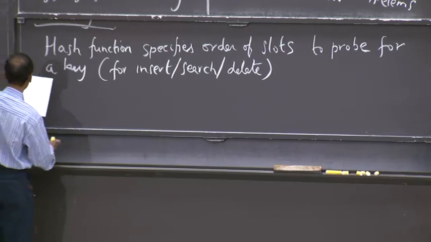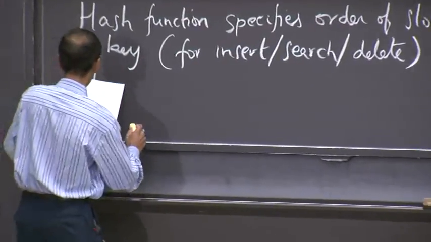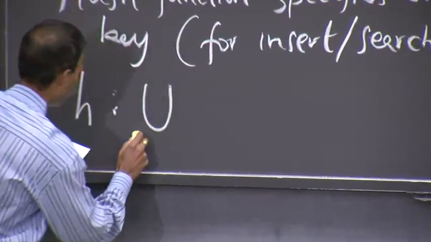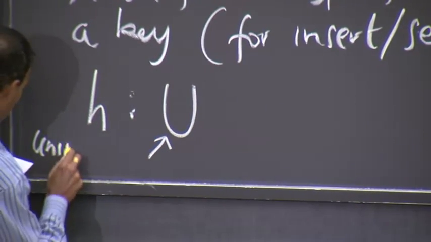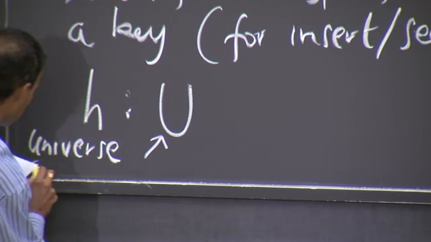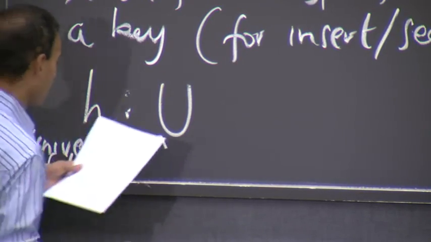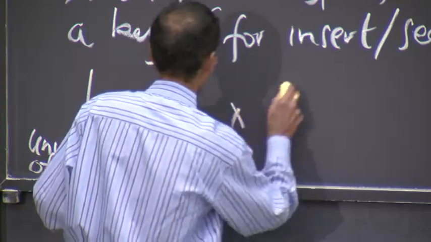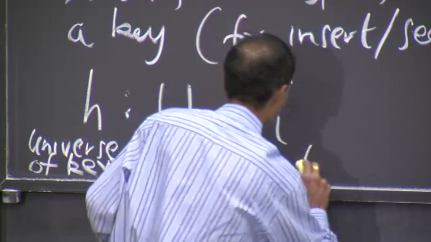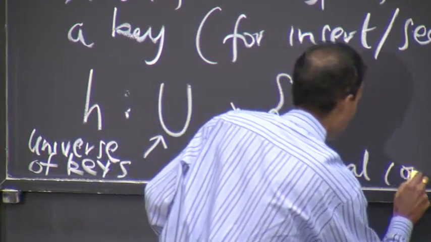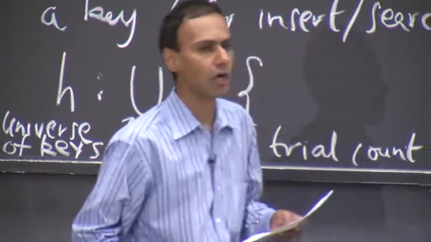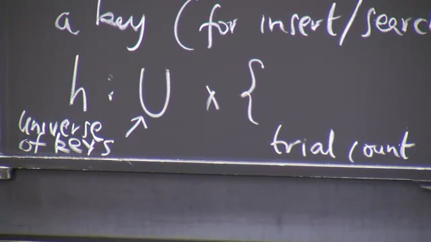And so our hash function, h, is going to take the universe of keys and also take what we're going to call the trial count. So if you're lucky, you get lucky in your first trial. And if you're not, you hope to get lucky in your second trial, and so on and so forth.